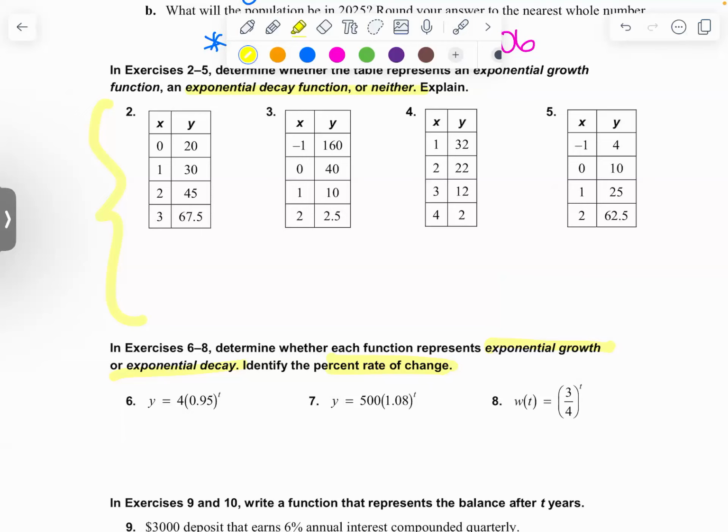It doesn't matter what the time is. I want to know if it's growth or decay. Oh, we're doing 6, 7, and 8 too.